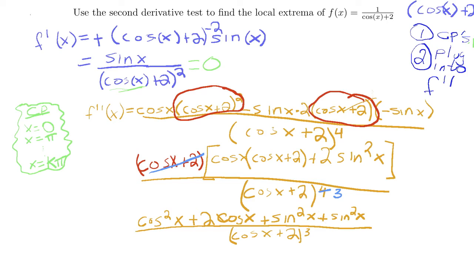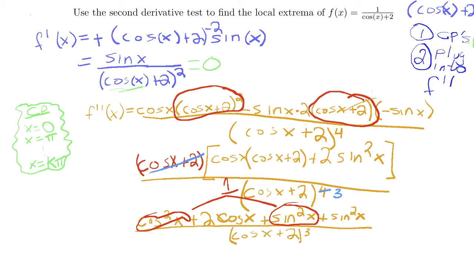Now notice that the reason why I did that is because if you look at this guy, sine squared plus cosine squared, those two put together equal 1. So then what I have is 1 plus 2 cosine x plus sine squared x over cosine x plus 2 cubed.